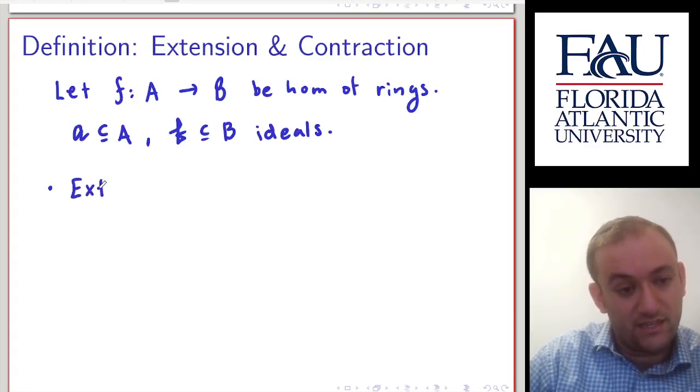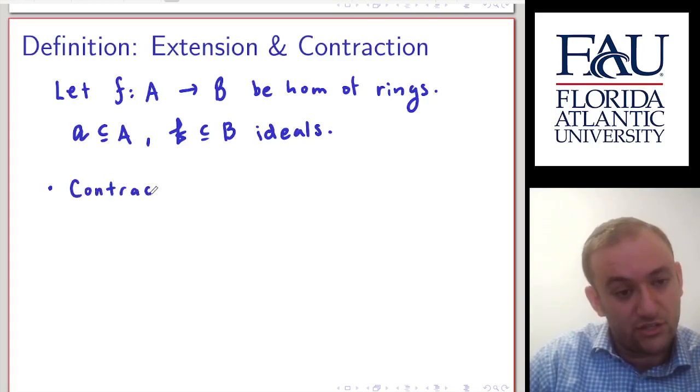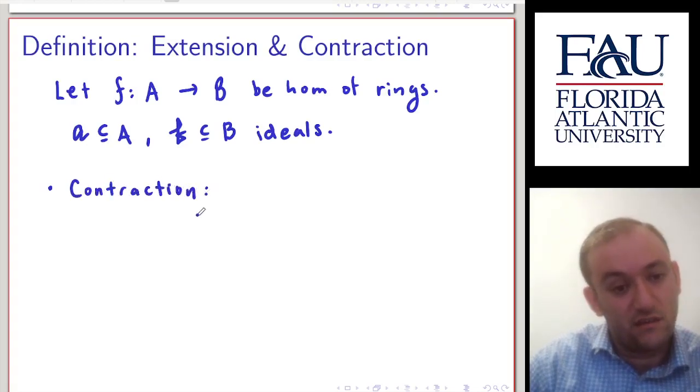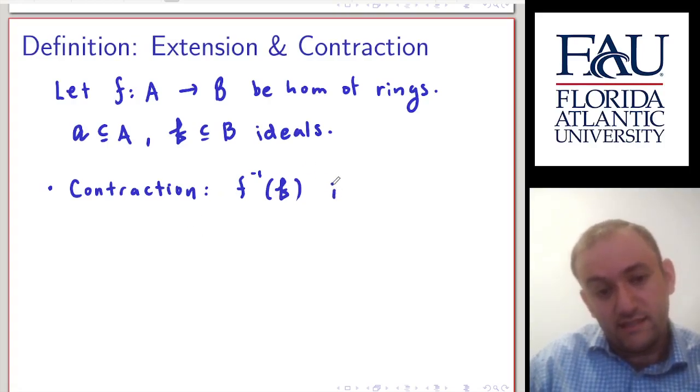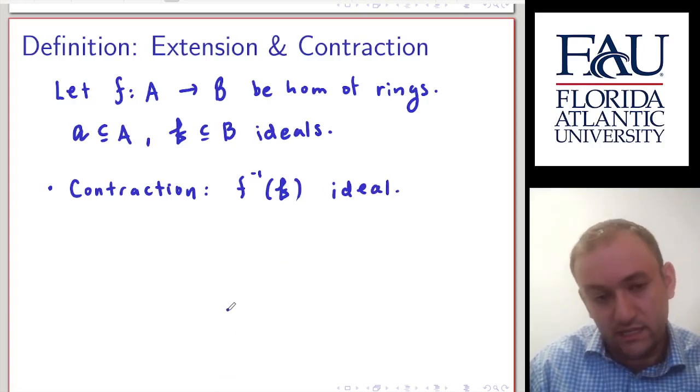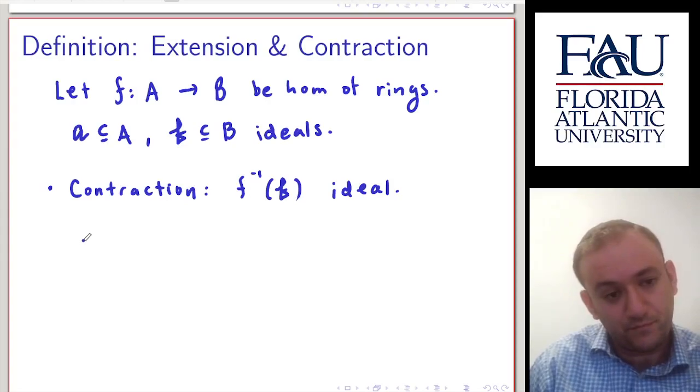First we'll start with contraction. So contraction is given as f inverse of 𝔟. This is an ideal, without doing any additional operations to it.